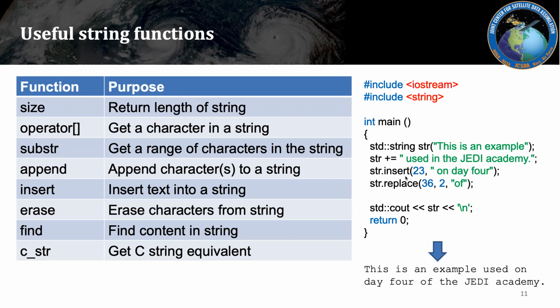Then we call an insert function to insert some text at a certain location. So then we have this is an example used on day 4 in the JEDI Academy, but that's not grammatically correct. So we just have another replace, and then we get this at the very end. So again, you can do a lot with strings, and unlike with C, you don't have to manually resize strings or pack them differently. And unlike with Fortran, these strings don't have a fixed width.